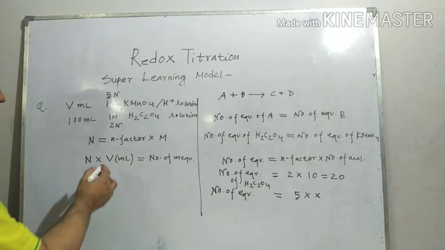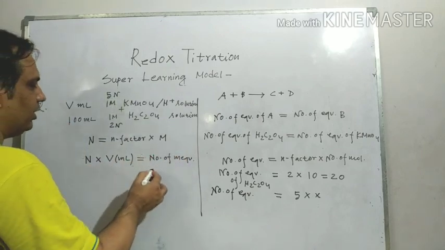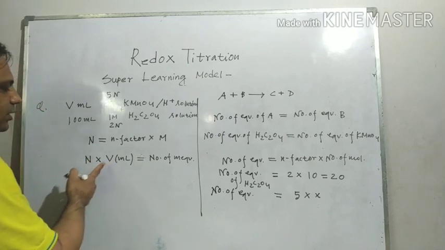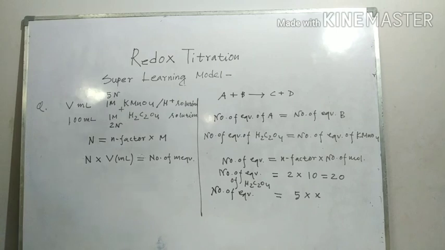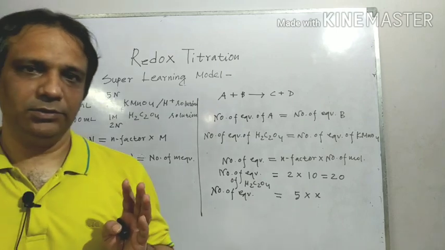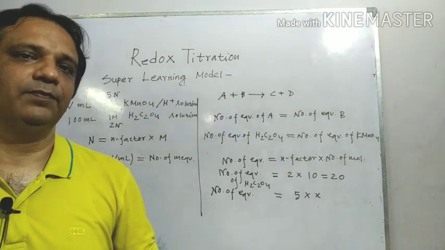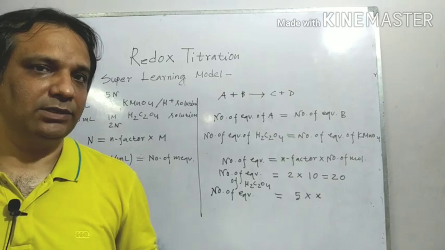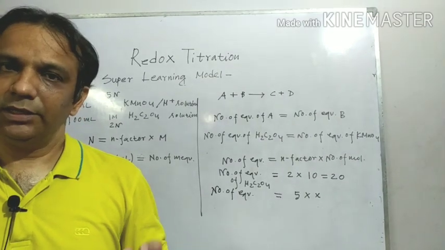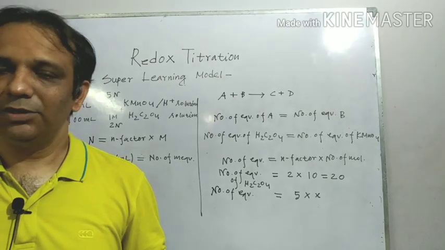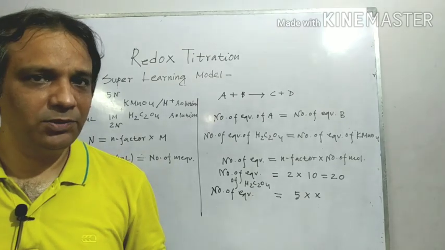So remember, here we will get the number of milli equivalents when we multiply normality with volume in ml. Now, according to the law of chemical equivalence, the equivalents of the reactants for any complete reaction should be equal. If the equivalents are equal, the number of milli equivalents are also equal.